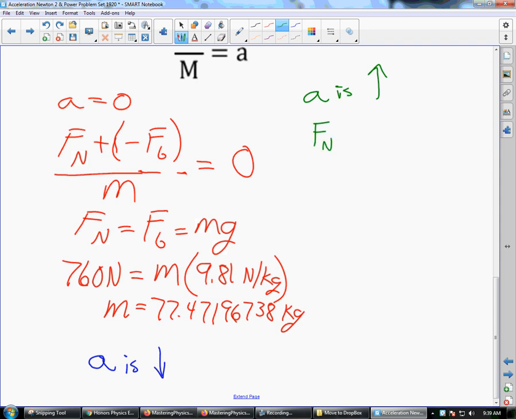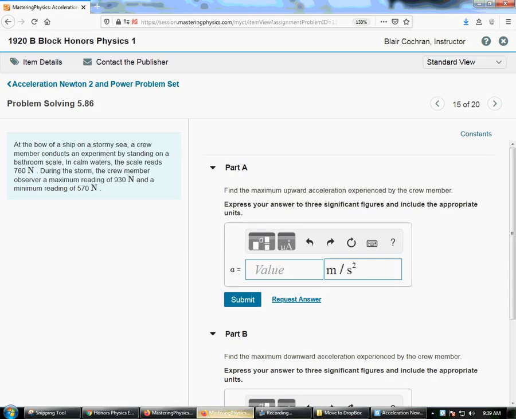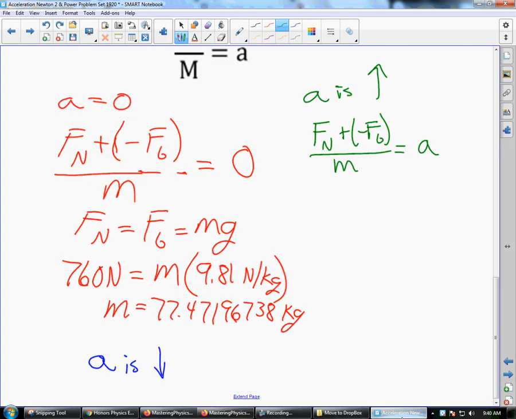Force normal plus a negative force of gravity all over m equals a. And grabbing my largest one for me is 930. So force normal is 930 newtons.